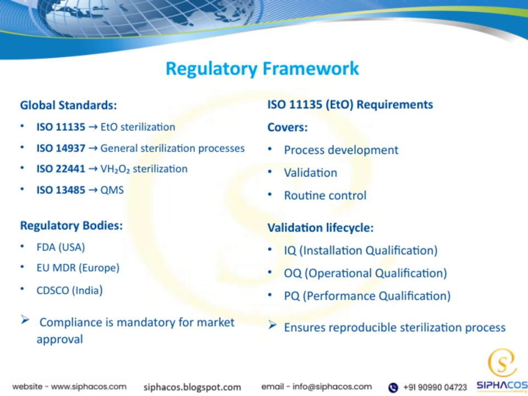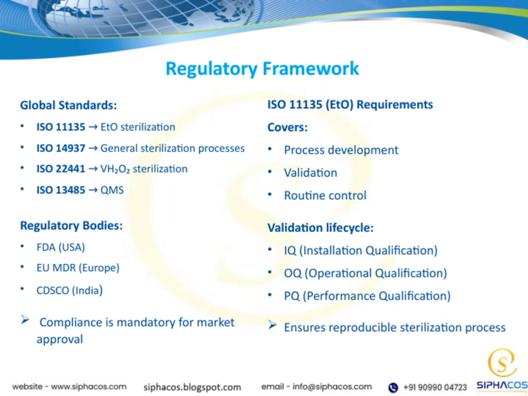IQ, or installation qualification, confirms that all equipment is installed correctly. OQ, or operational qualification, verifies that the equipment operates within specified parameters. And PQ, or performance qualification, demonstrates that the process consistently produces the desired sterilization results. The ultimate goal here is to ensure a reproducible sterilization process, one that works every time, reliably.